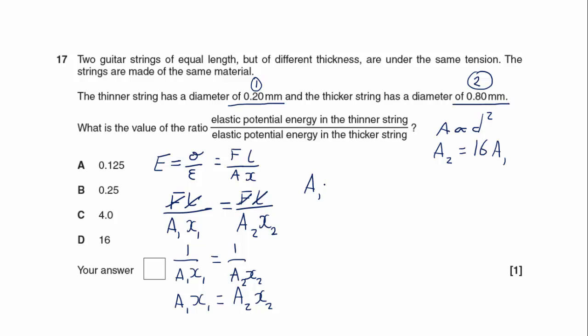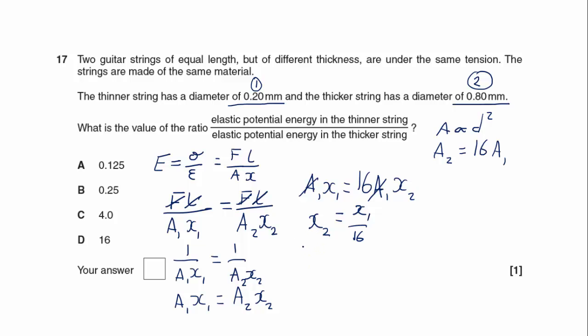So I'm going to have A1 x1 is going to equal 16 times A1 x2. I can cancel off this cross-sectional area now, and what that will tell me is that extension 2 is going to be 1/16 of the extension of 1 of the thinner string, which is what we'd expect. So the thicker string is extending less under the same force.